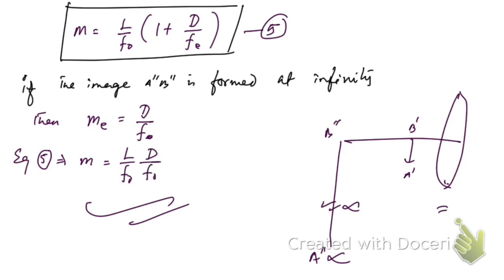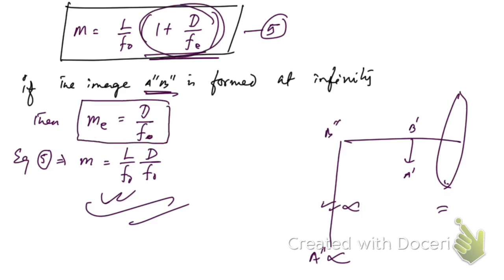So when the image is formed at infinity, then this expression becomes this form, because this is nothing but me, and the value of me for the image at infinity is given by this expression, right? Hope you have understood this.